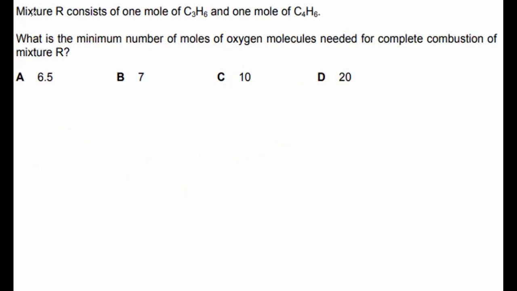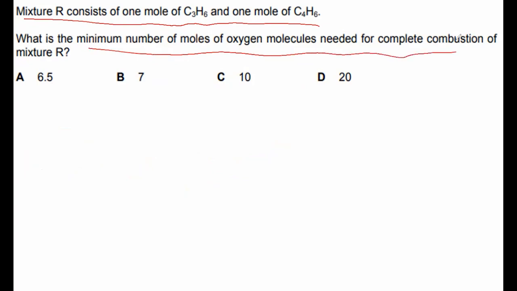Mixture R consists of 1 mole of C3H6 and 1 mole of C4H6. What is the minimum number of moles of oxygen needed for complete combustion of R? So R has C3H6 and C4H6.